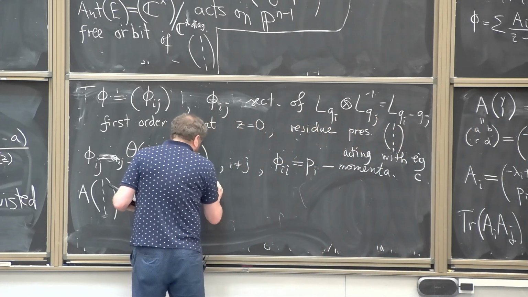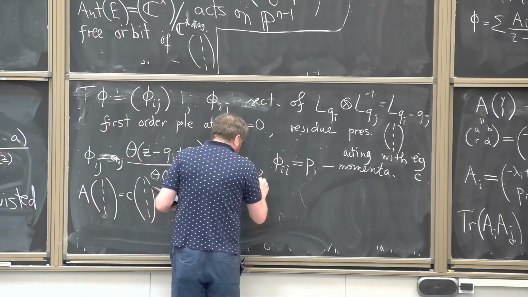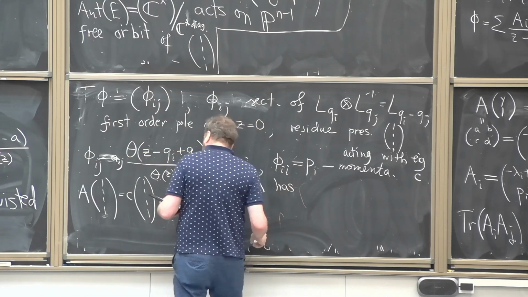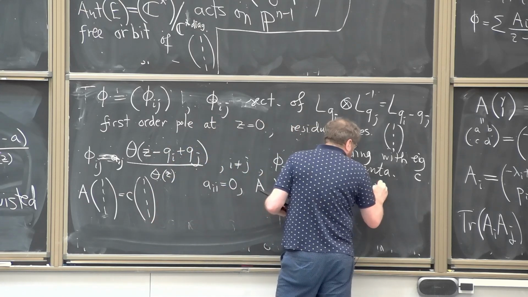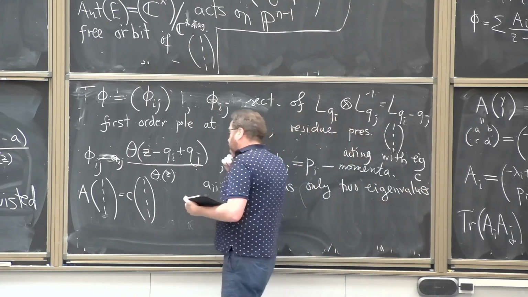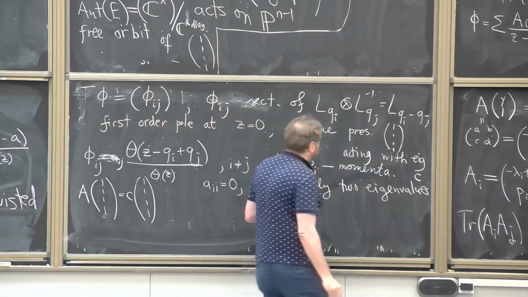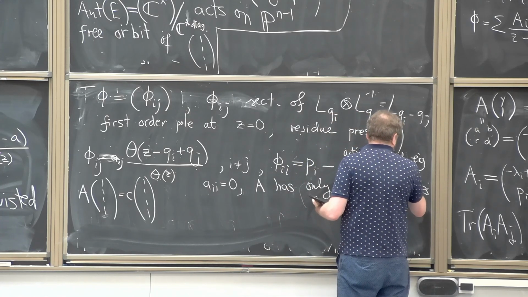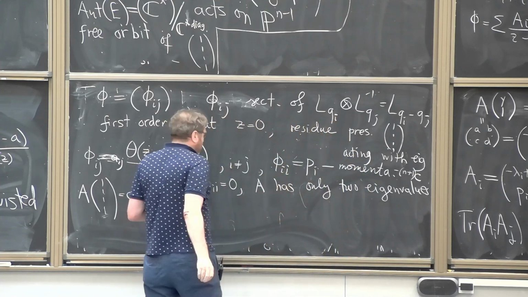So A_ii are 0, and A has only 2 eigenvalues. Actually, the eigenvalue is probably n minus n plus 1 times c, whatever. Anyway, this has only 2 eigenvalues.